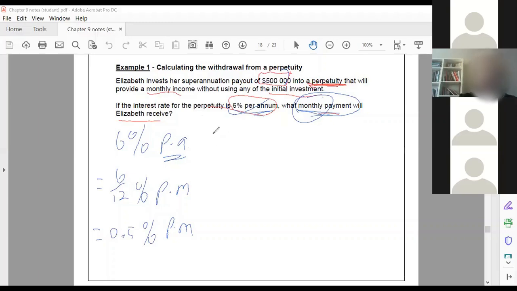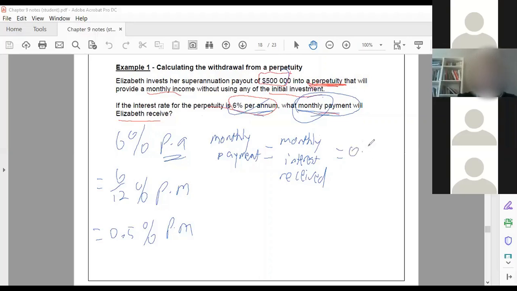So monthly payment is going to be equal to the monthly interest received, because remember her money of $500,000 will still be the same.